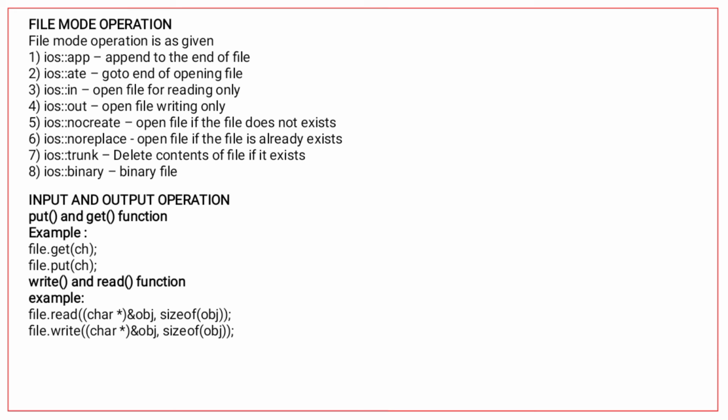Write and read function. Write and read functions write and read blocks of binary data. Now for example, file.read((char*)&object, sizeof(object)). file.write((char*)&object, sizeof(object)). Now this is the example of write and read function.